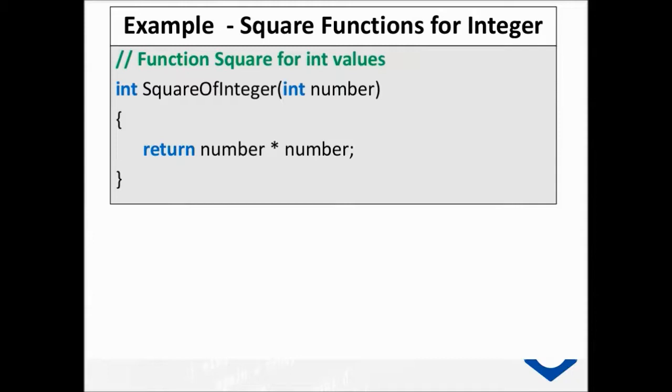We write a function int square, we name it square of integer, and we pass it a variable. Then we multiply this variable with its own value and return this value back to the main function.